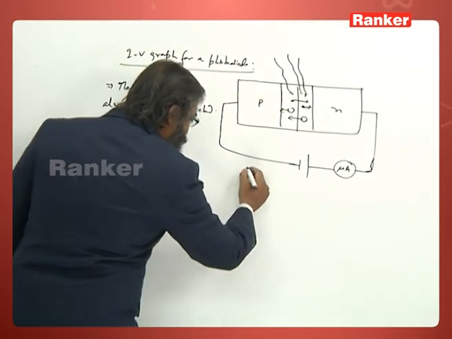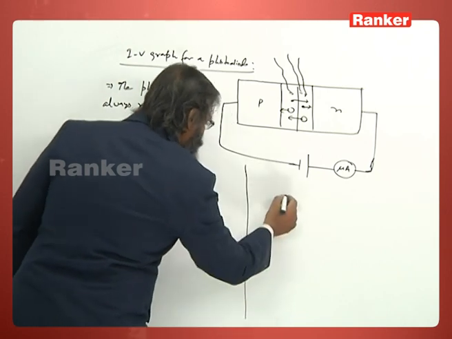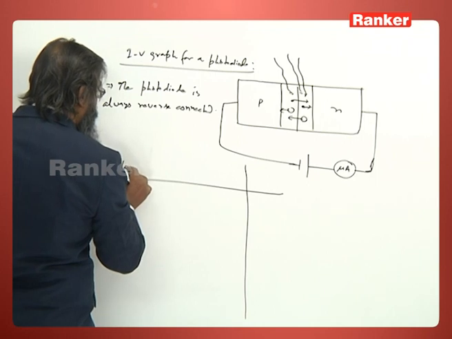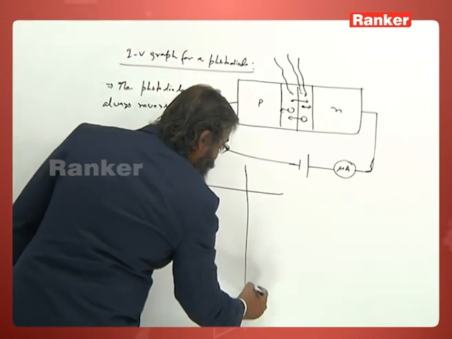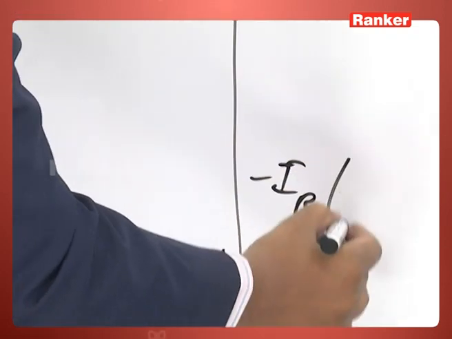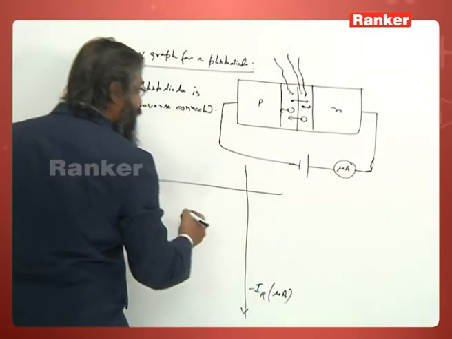Its graph is like this. You see this is minus V reverse and here the current is I reverse current. The order is microamperes.